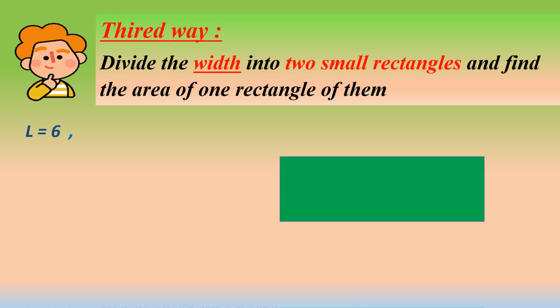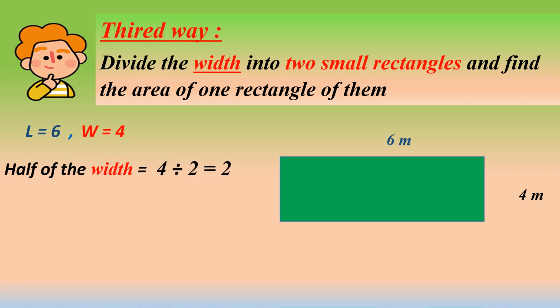Here I have a garden and the length here is 6 and the width is 4. So I will divide the width by 2. Half of the width equals 4 divided by 2 equals 2. So I will divide the width here into 2 meters and 2 meters.